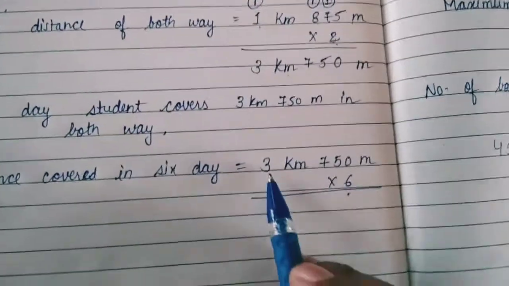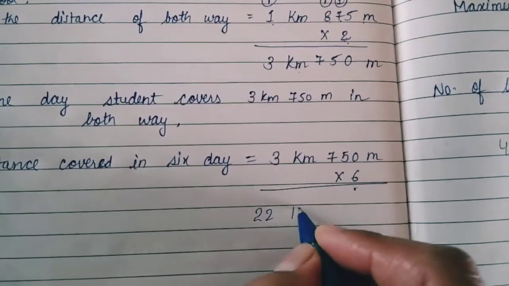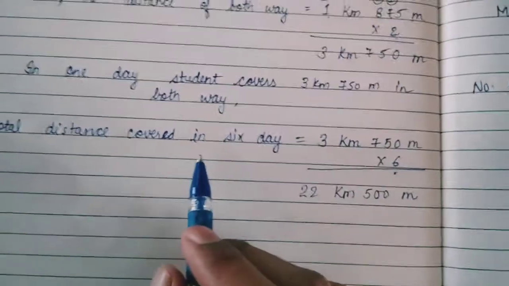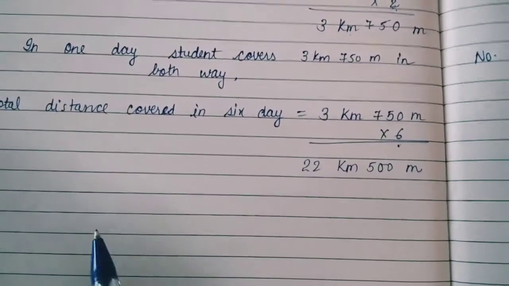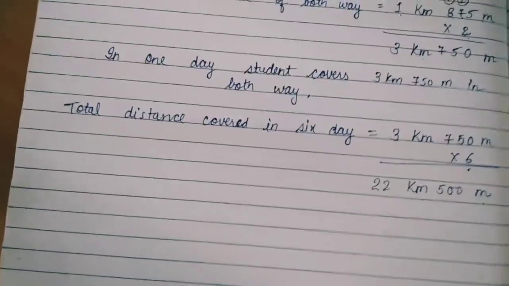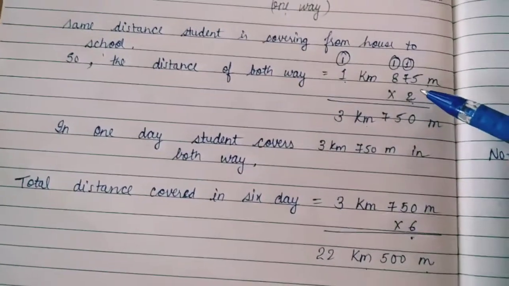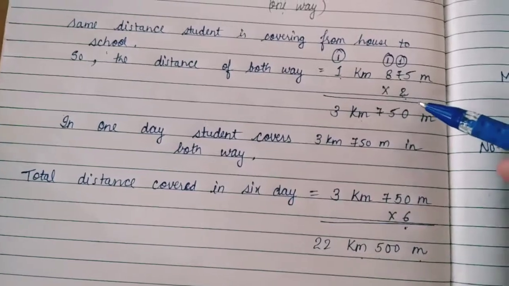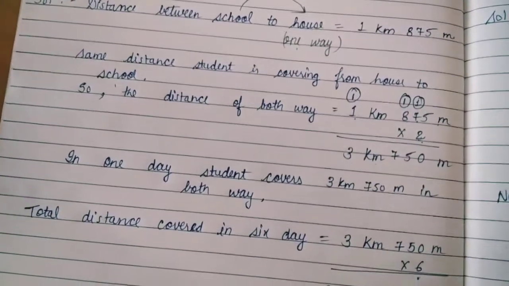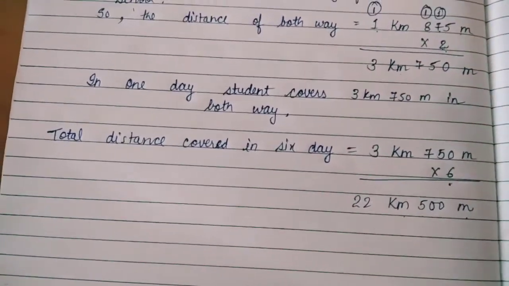So we will get 22 kilometer 500 meter. So the total distance in 6 days that she has to cover is 22 kilometer 500 meter. You can see in this question we only have to multiply the distance. That's why I did not convert kilometer to meter, because everywhere we have the same values. I hope you understood. Its answer is 22 kilometer 500 meter.